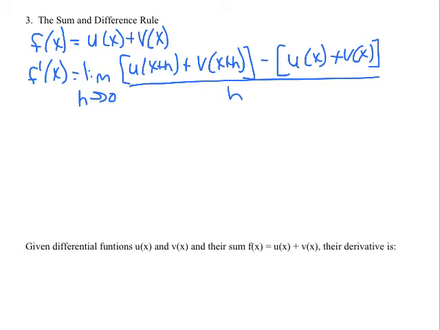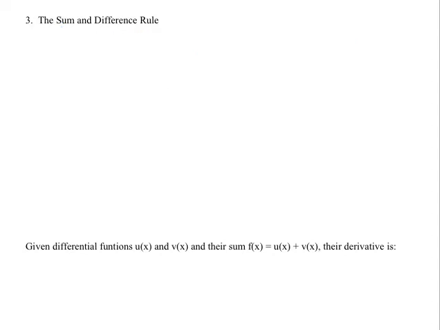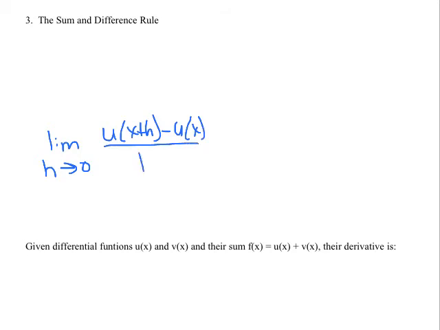And all I'm going to do is rearrange the terms and write them separately, because I can regroup. I can group my u's together and my v's together. And I can put each one of those over h, and I can break up the limits. So doing that, I end up with the limit as h approaches 0 of u of x plus h minus u of x all over h.